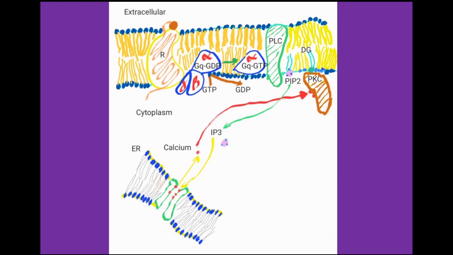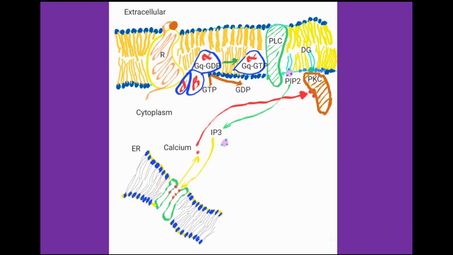The consequence of activating phospholipase C through the alpha-1 adrenergic receptor is to break down PIP2, the substrate, and produce two important second messengers initially, diacylglycerol and inositol trisphosphate.